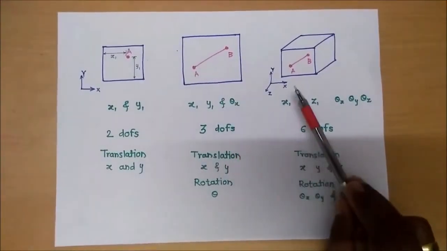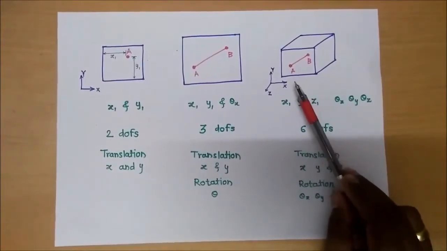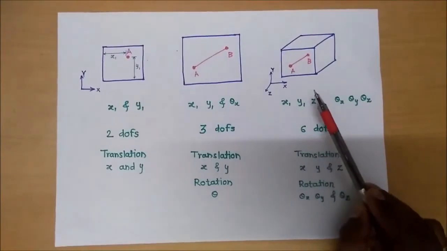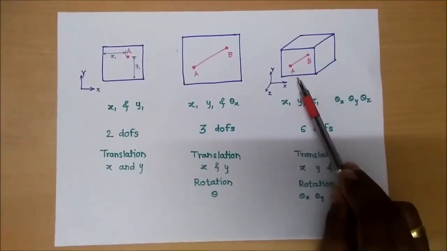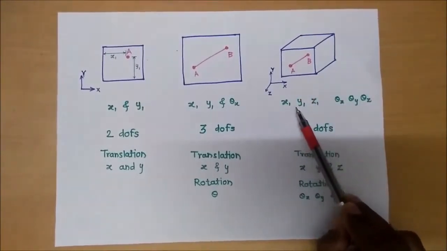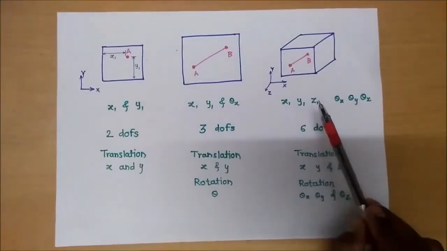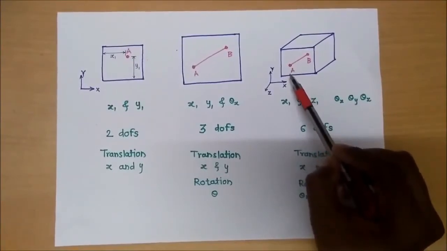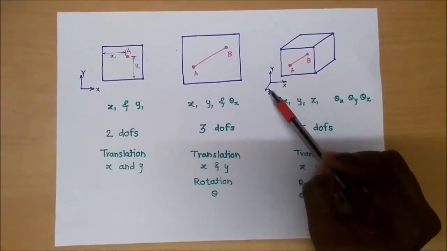Now we will take the same line in 3-dimensional space, that is x, y, z. If we want to define this line, we need x1, y1 and z1, meaning the x coordinate, that is horizontal, the y coordinate, that is vertical, and the z coordinate in the z direction.